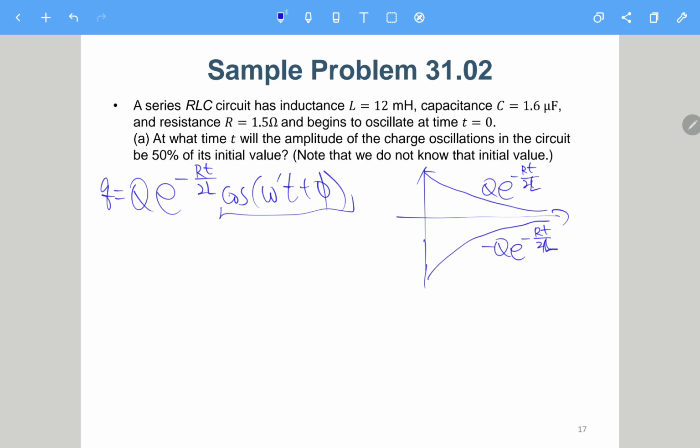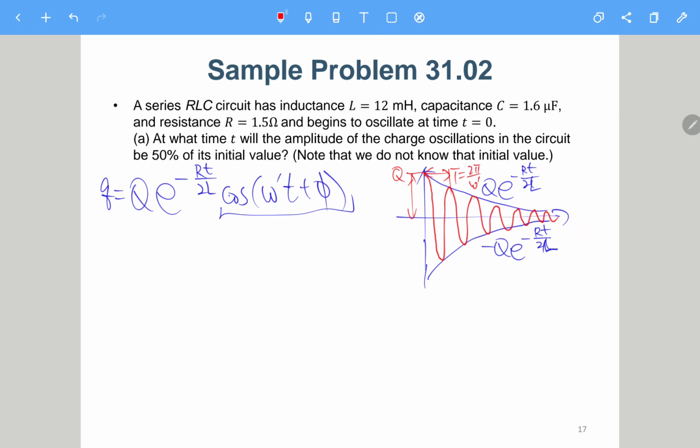And then we will have the oscillation, something like this. This is the period, T equals 2 pi over omega prime. Here, of course, I just take phi to be 0, so that at t equals 0 it goes to the maximum point.